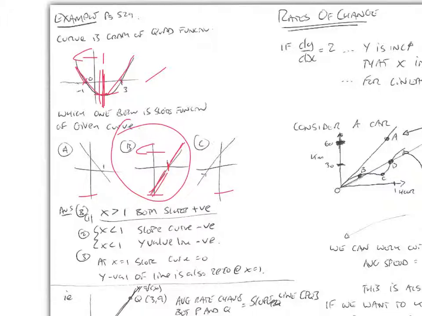Okay, and then at x is equal to 1, that's here, the slope of the curve is 0. The slope of the curve there cuts the 0 on the y-axis at x equals 1.